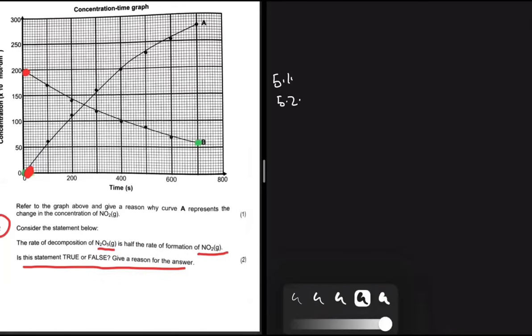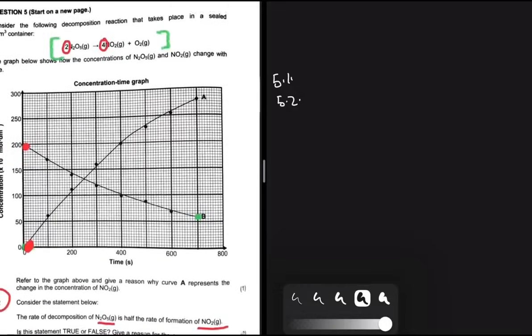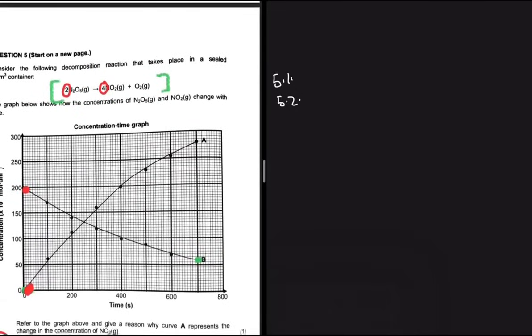What I was telling you earlier was that we can actually say that, let's look at our equation. We need to be basing everything on our equation, right? Let me just copy it down real quick. So we have 2N2O5 decomposing to give us 4NO2 plus O2.